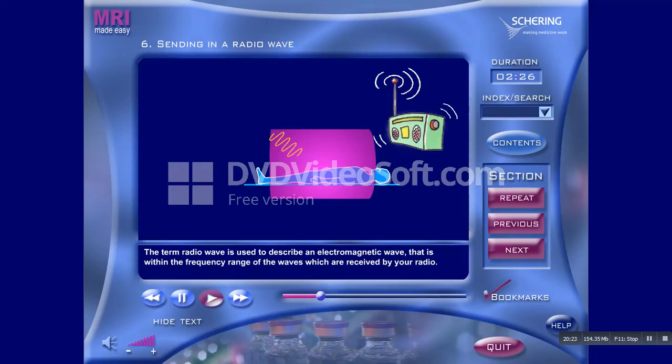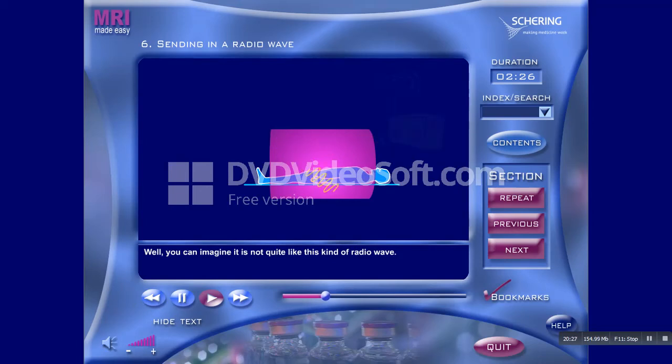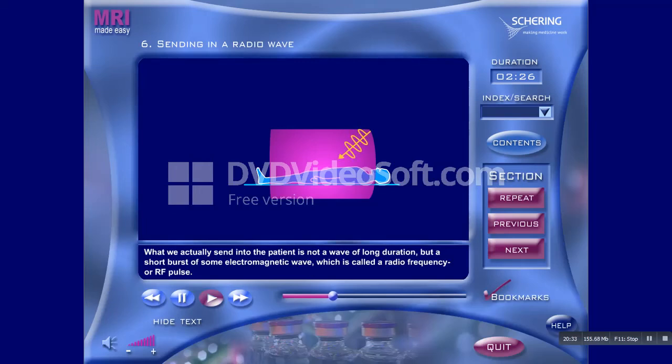Well, you can imagine it's not quite like this kind of radio wave. What we actually send into the patient is not a wave of long duration, but a short burst of some electromagnetic wave, which is called a radio frequency or RF pulse.